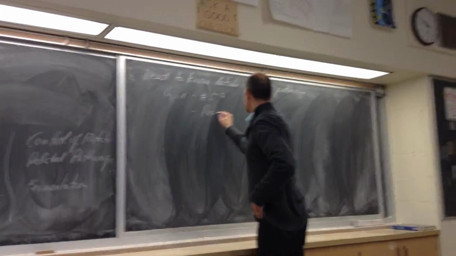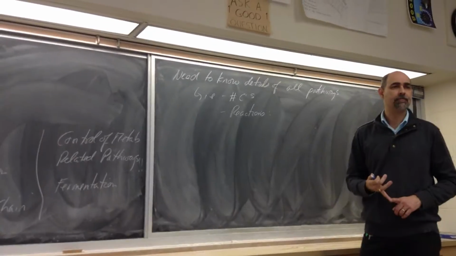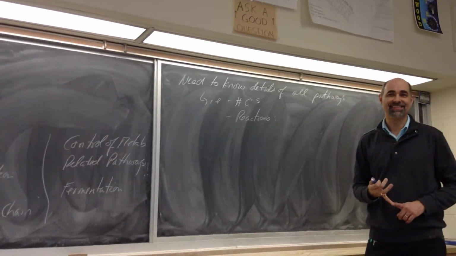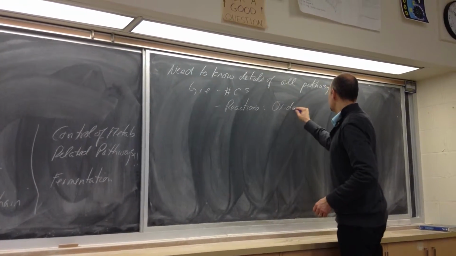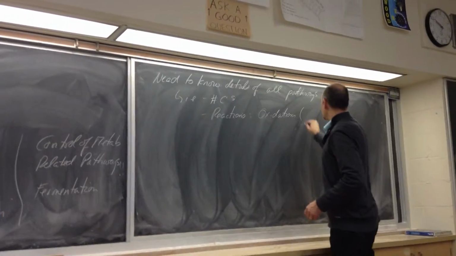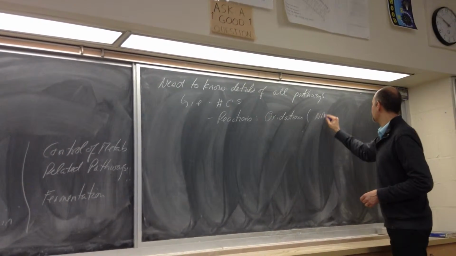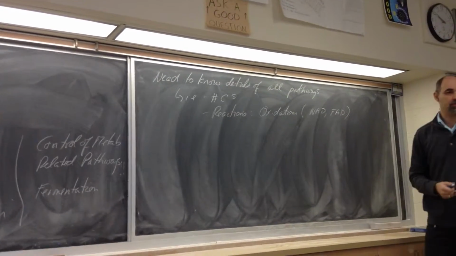Know the reactions. What were some of the reactions that we saw along the way? Okay. Main reactions were, of course, oxidations. Which molecules were doing oxidations? NAD and FAD, right? Those were the oxidizing molecules, right?